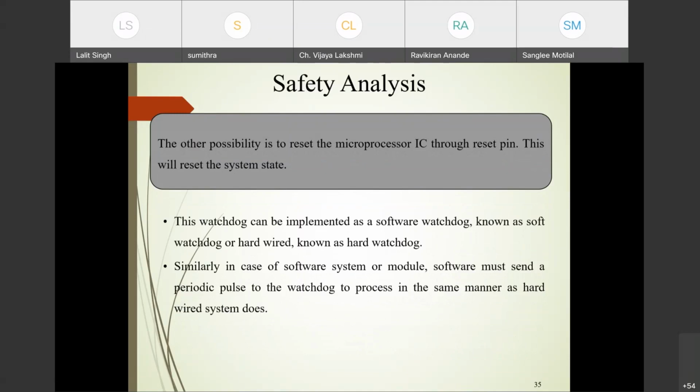The watchdog we were discussing can be implemented as a software watchdog or a hardware watchdog. If it is implemented in software, it is known as a soft watchdog, otherwise a hard watchdog. Similarly, in the case of a software system or module, the software must send a periodic pulse to the watchdog to process in the same manner as the hardwired system.